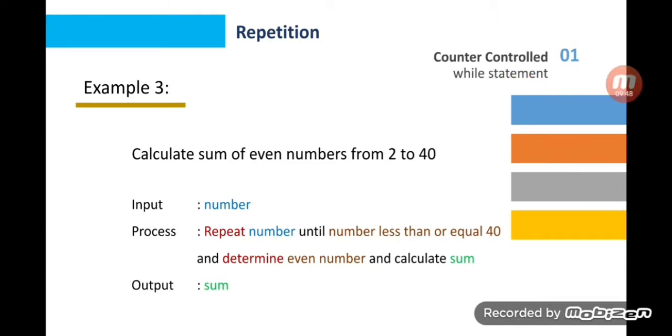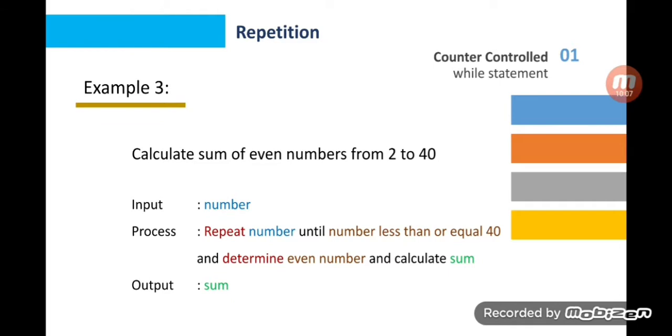Okay, so as you can see in these 3 examples, all the value or how many repetition that the program needs to do, they have specific value.